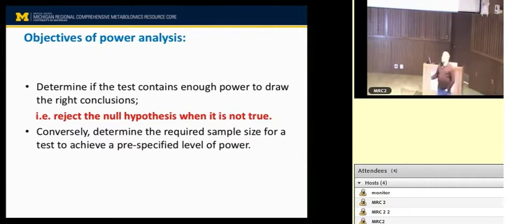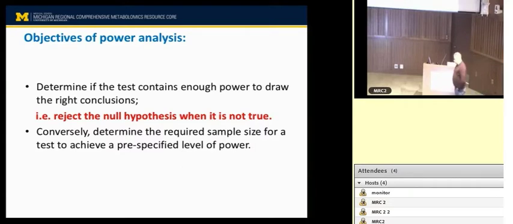There is nothing you can do about that. One way of using the notion of power is to assess with what probability you are able to reject the null hypothesis, given the sample size that you already have, when the null is not true.